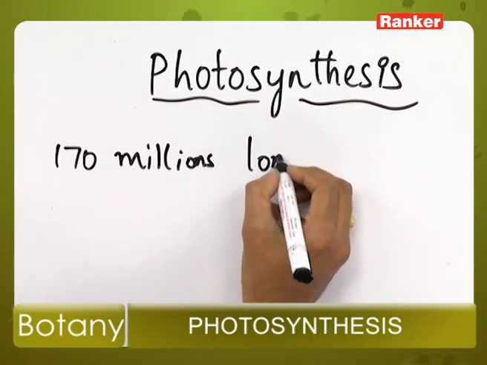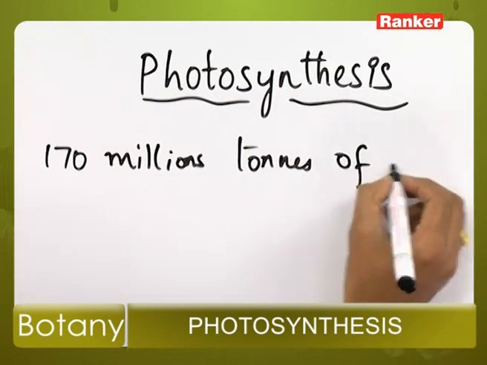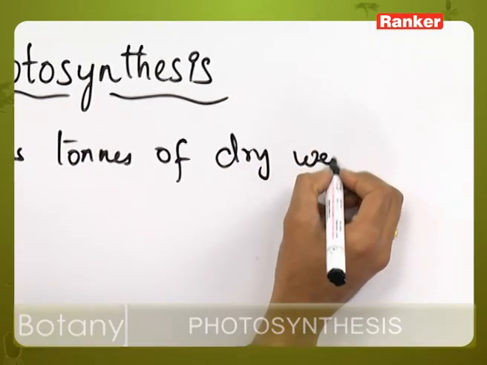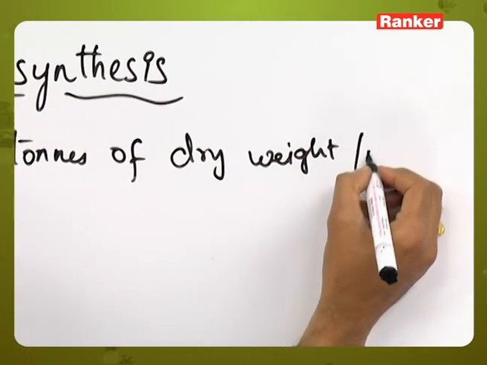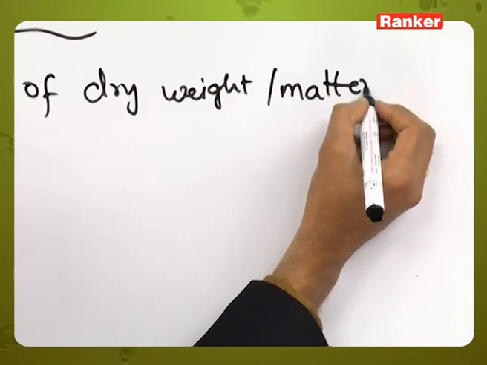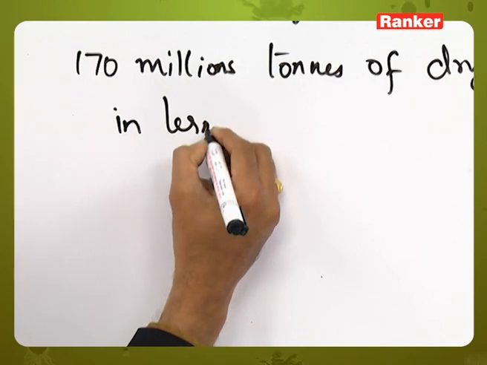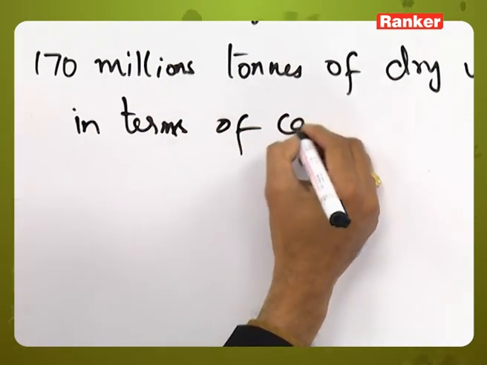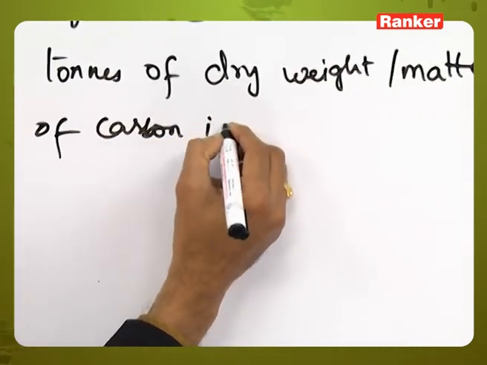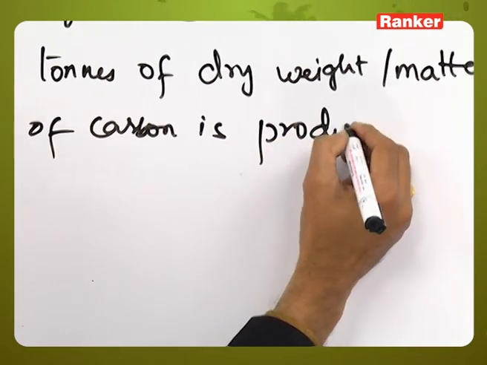170 million tons of dry weight, or dry matter in terms of carbon, is produced by this process.